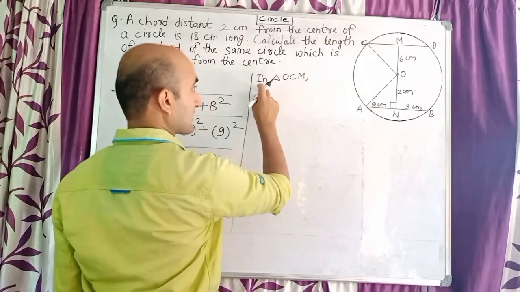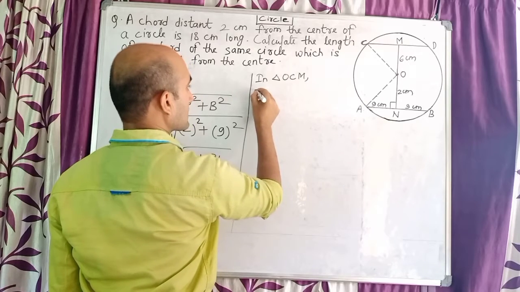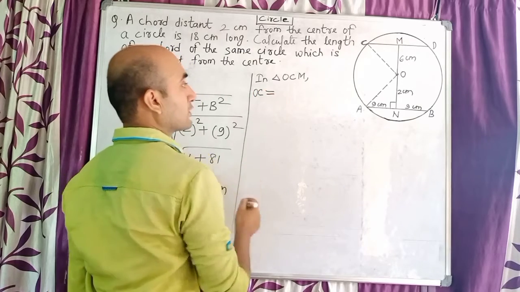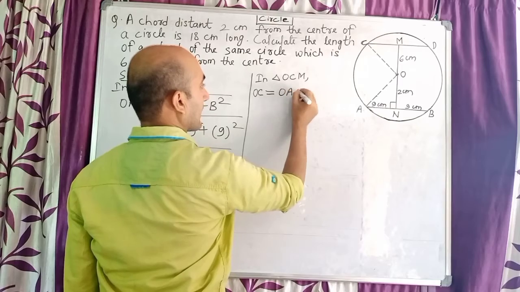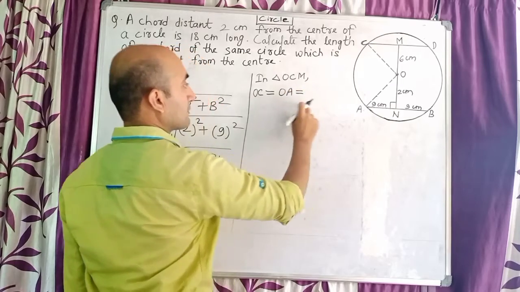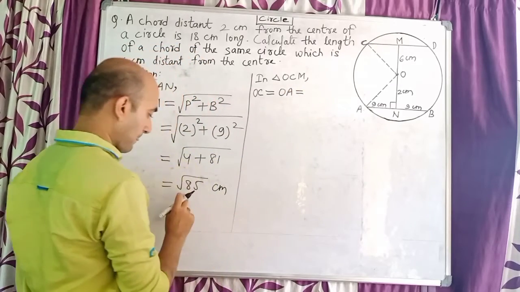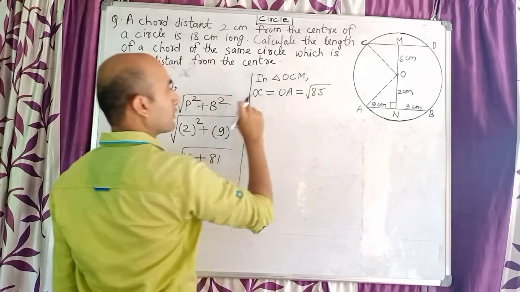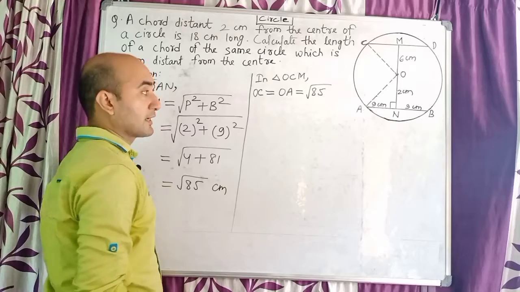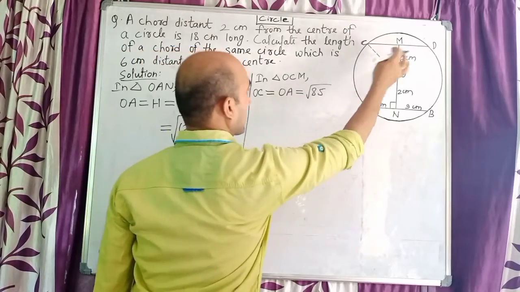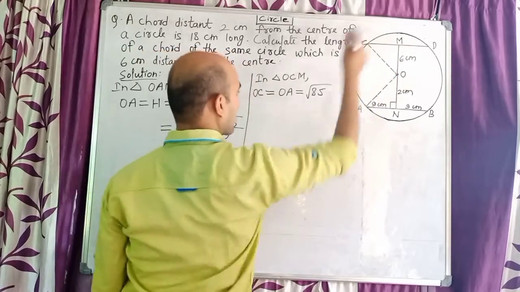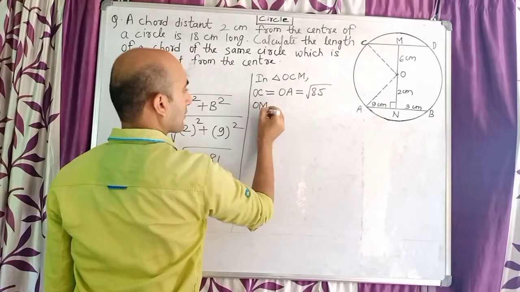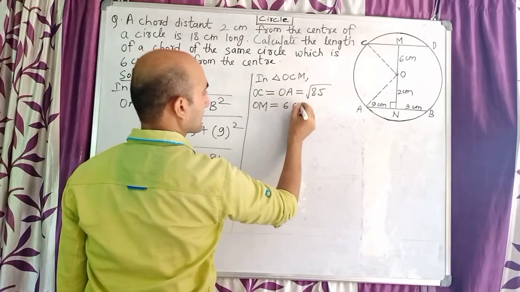So that thing you mention here, that OC is equal to OA and both are radius. So when both are equal, then what will happen? The value of OA is root 85, so value of OC also will be root 85. So now this is root 85, this is 6. So you write this also, that OM is already 6 centimeter given.